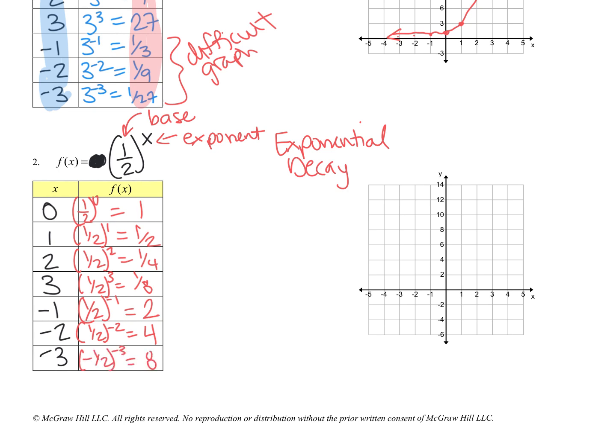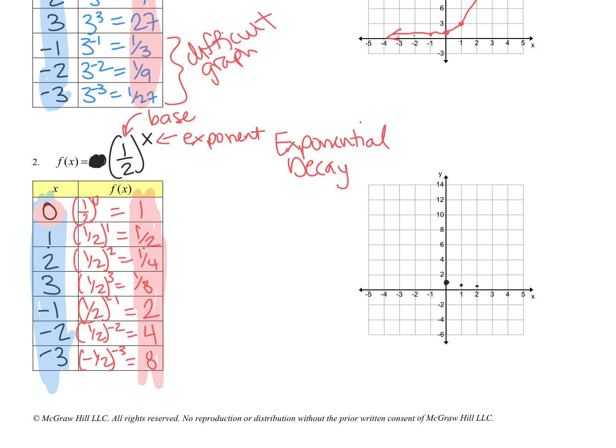Now we're going to take our x coordinates and our y coordinates, and we're going to use each of these as ordered pairs. So 0, 1 would be my first ordered pair to plot our graph. So 0, 1 is about right there. 1, 1/2. 2, 1/4.